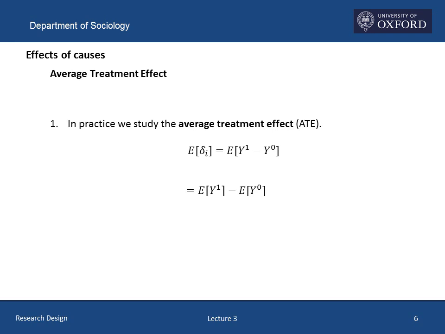However, and this is important, whether this difference gives us a reasonable estimate of the average treatment effect or not depends on how cases have been allocated to the treatment and control conditions. This is something that we will have to explore in much greater detail.